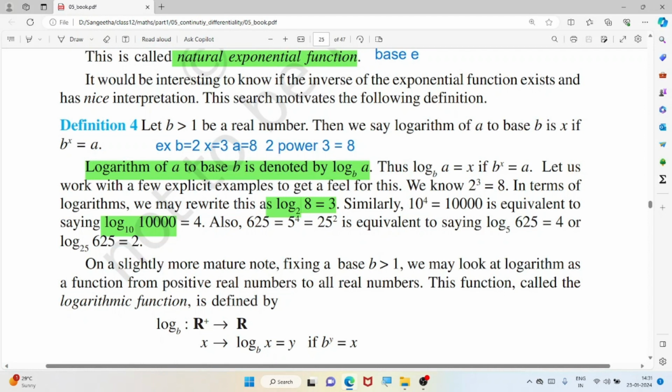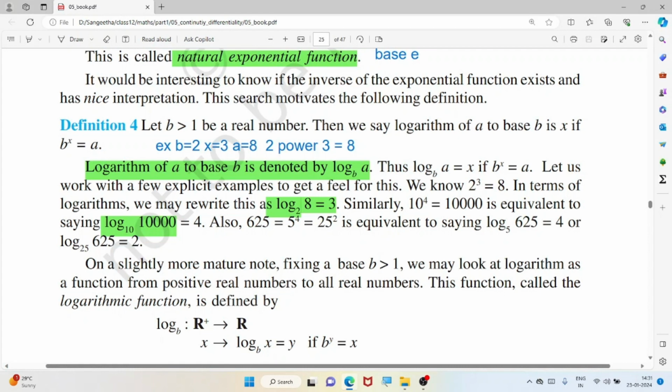Now the definition: let b be a positive real number, then we say the logarithm of a with base b is x. Let us take one example. 2 power 3 equals 8. Now we can write that log of 8 with base 2 equals 3.